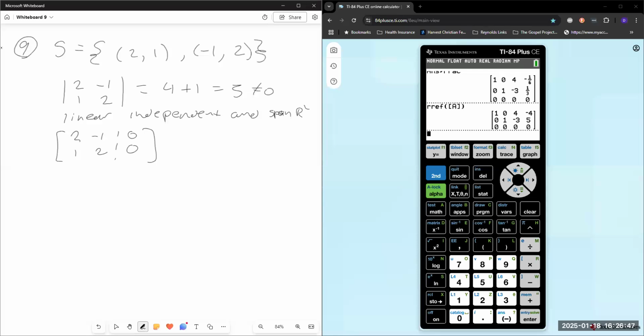If the determinant came out to be 0, there would not be a unique solution because one of them would be a linear combination of the others, and that's not going to make a spanning set.